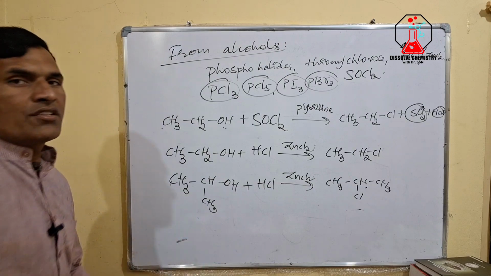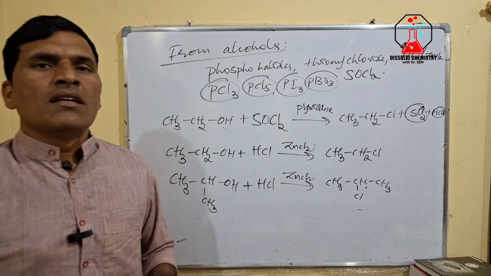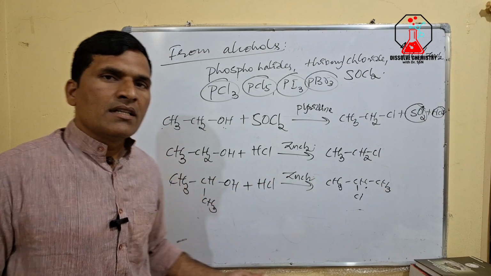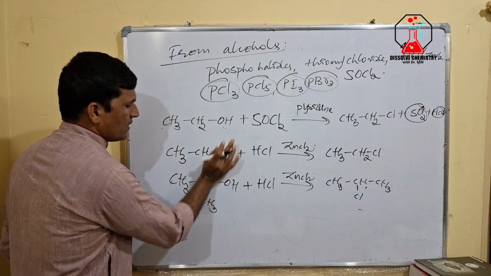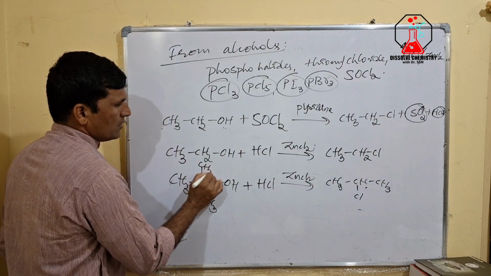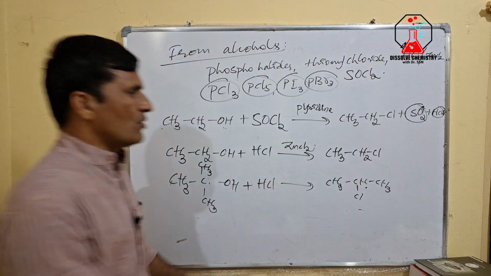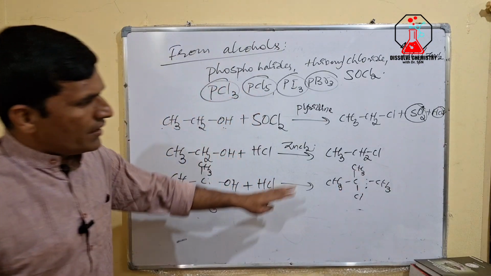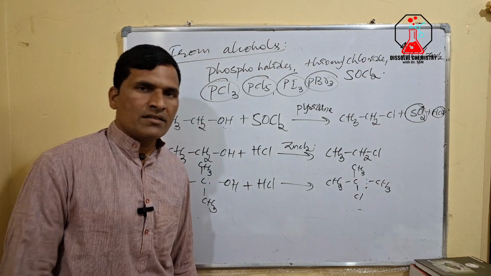Now, when you go to tertiary, it is more reactive towards this particular reaction. Only if you use HCl, that is more than enough. Make note of this point. If you are using tertiary alcohol, there is no need of zinc chloride. Directly HCl, if it is there, that is fine and good. You will be getting the product. Make sure to remember this particular point: zinc chloride is not required.